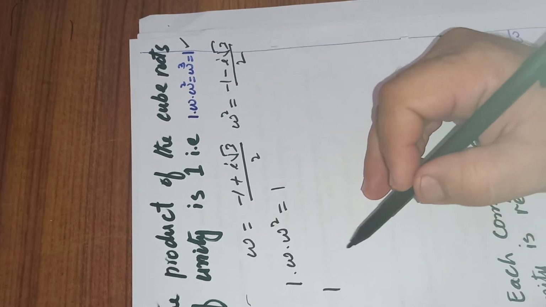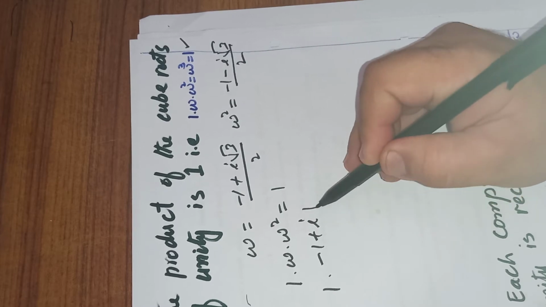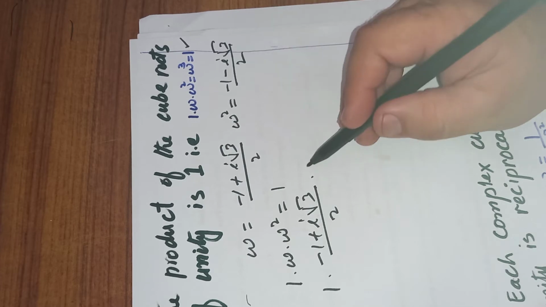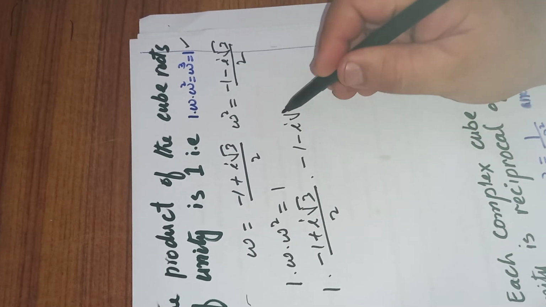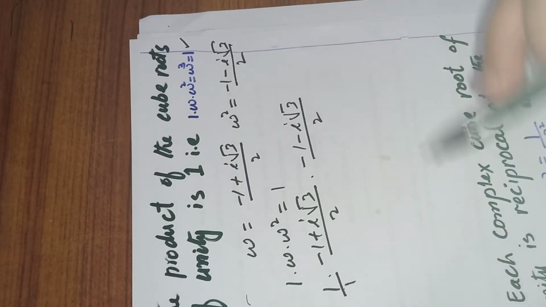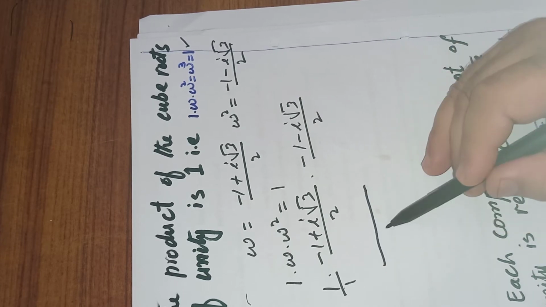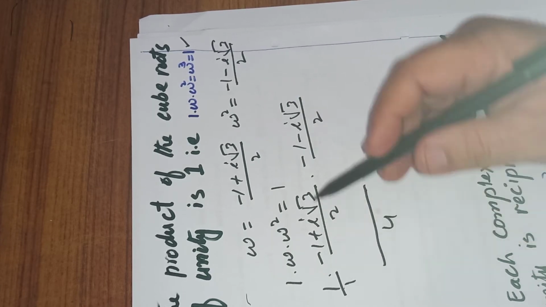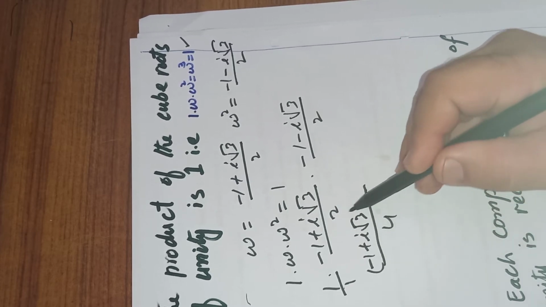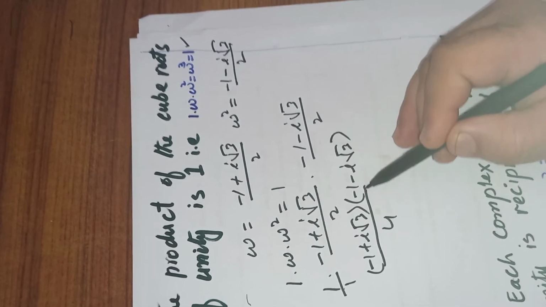Omega is (-1 + i√3) divided by 2, multiplying with omega square, whose value is (-1 - i√3) divided by 2. 1 is already there. 2 twos are 4, so in the denominator we get 4. So (-1 + i√3) multiplied with (-1 - i√3).